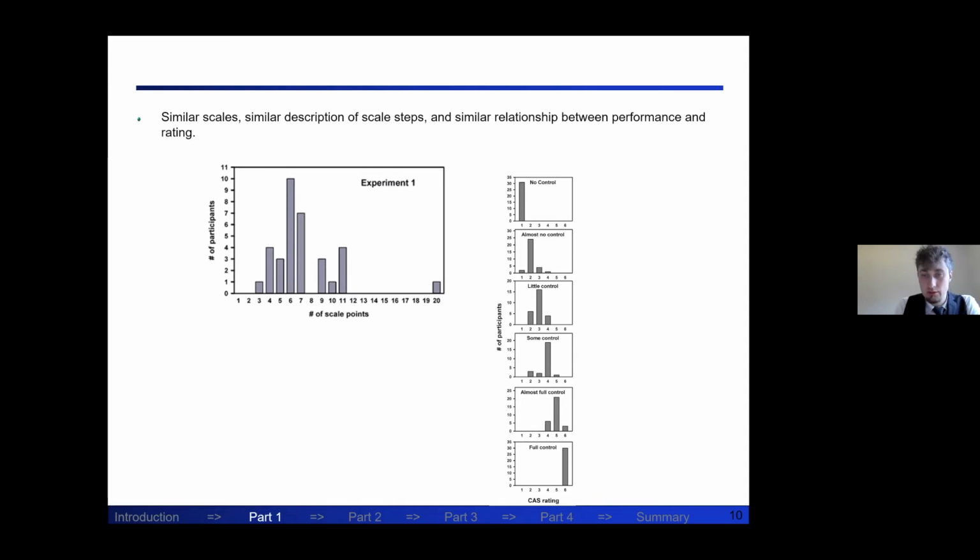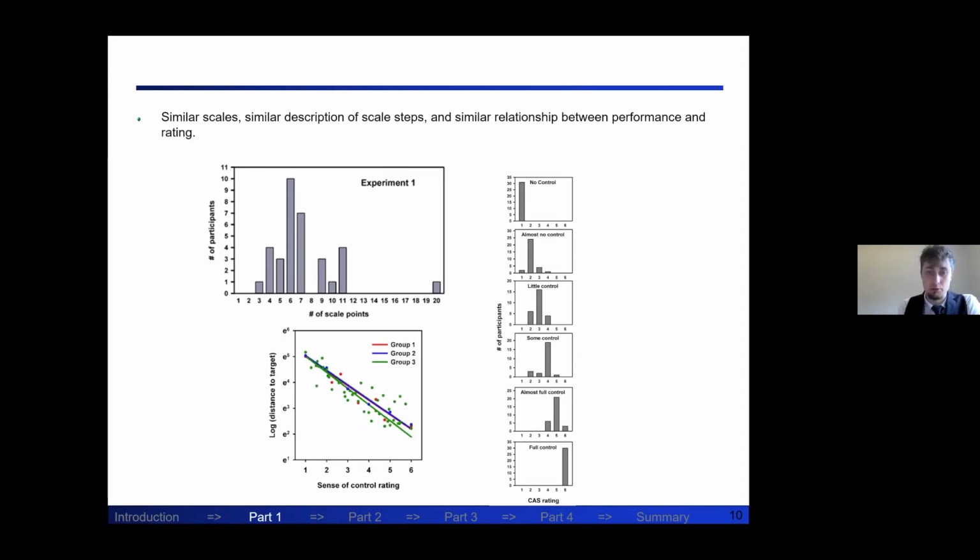So if we then looked at the relationship between control rating and accuracy, we tried to group participants into the ones who used fewer than 6 steps, and more than 6 steps. So we got 3 different groups who had different preferences in terms of number of scale steps.